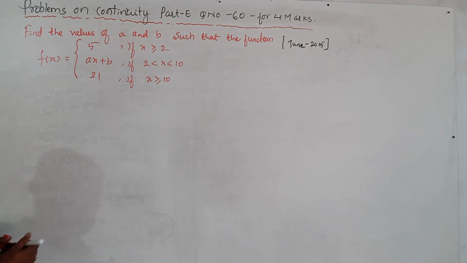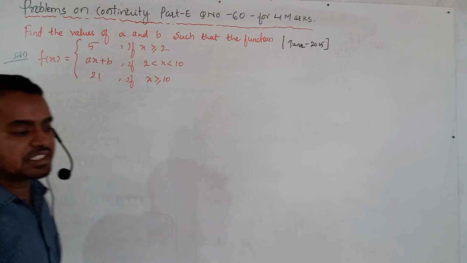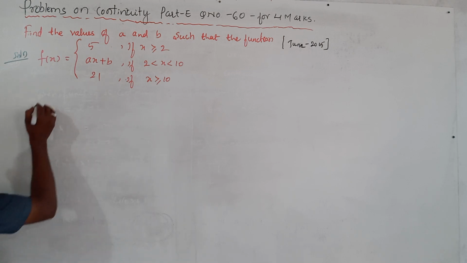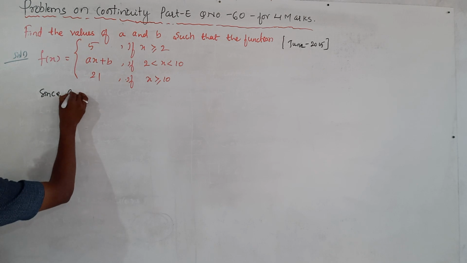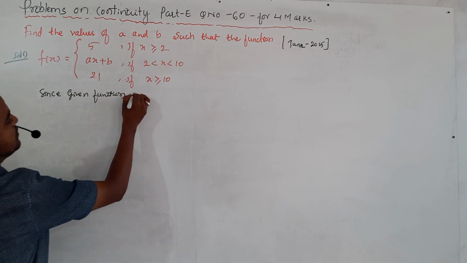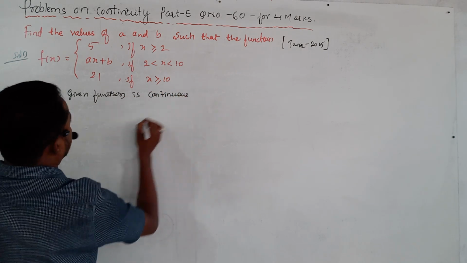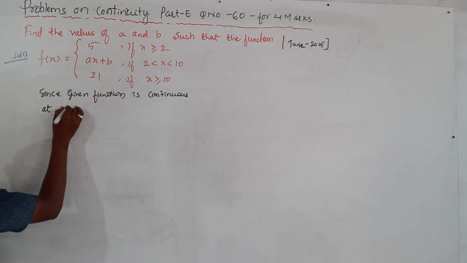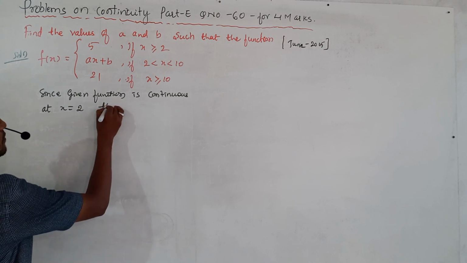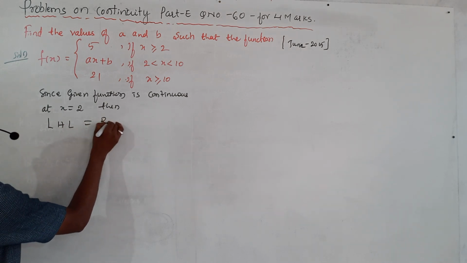So we have to write the solution, first step as it is. Here the given function is continuous. Since the given function is continuous at x is equal to 2, then LHL equal to RHL.